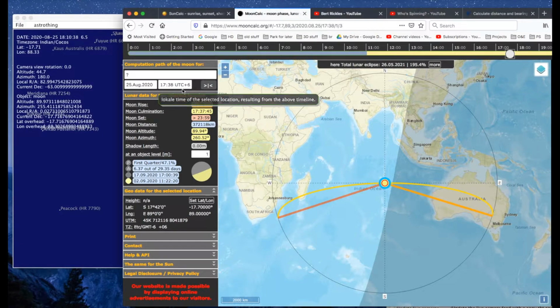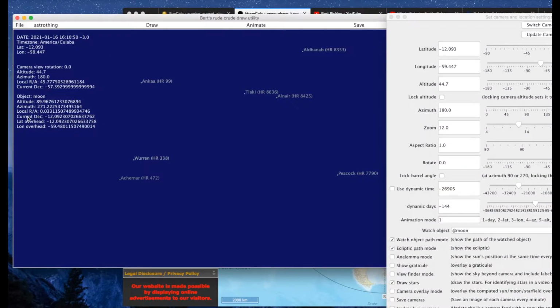This is 1738 UTC plus 6. This is 1810 UTC plus 6.5. So I'm fairly confident that I have the correct algorithm to determine where a particular object is overhead.